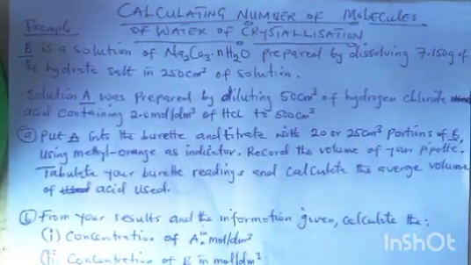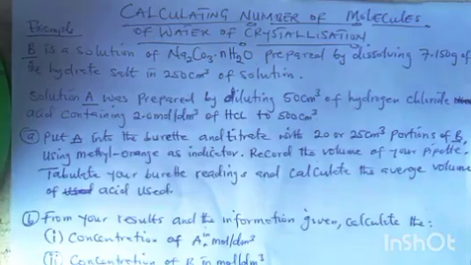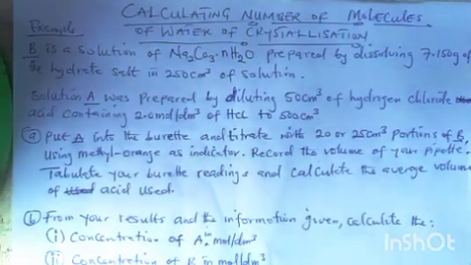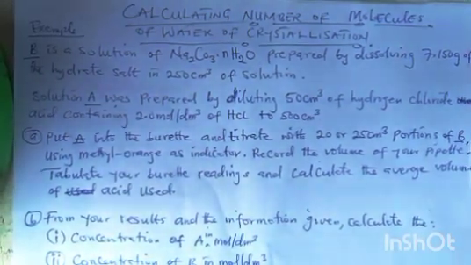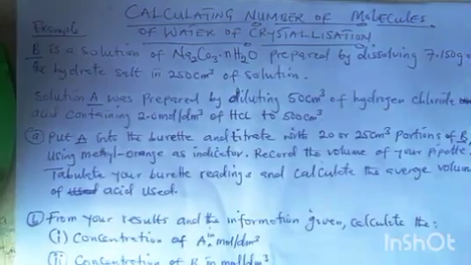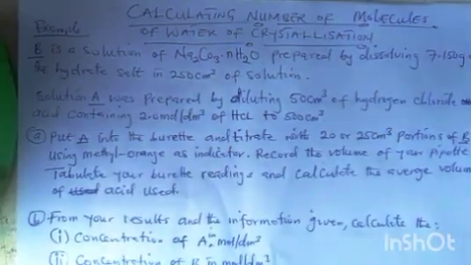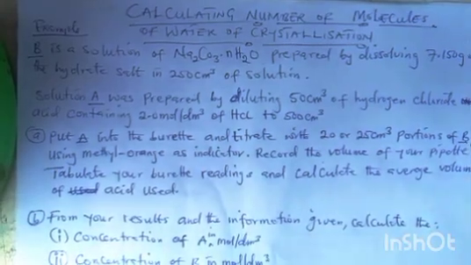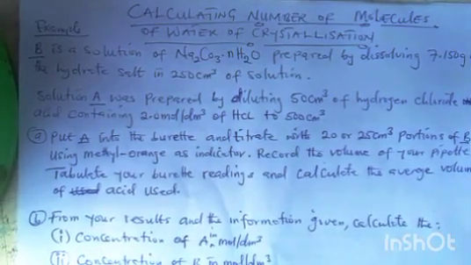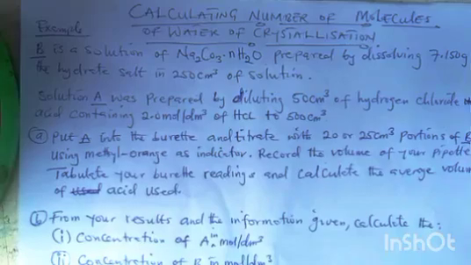For example, we have sodium carbonate, we also have copper sulfate pentahydrate, and we have sodium carbonate decahydrate. These are water of crystallization, because they contain water.